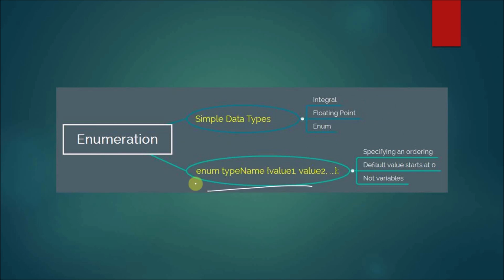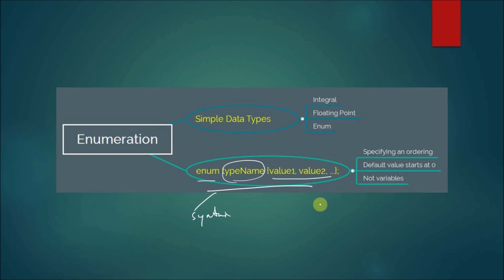If you look here, this is our general syntax for enum. We use the keyword enum and then the type name, meaning instead of int or double, the type name that we give it, because we're creating the simple data type.